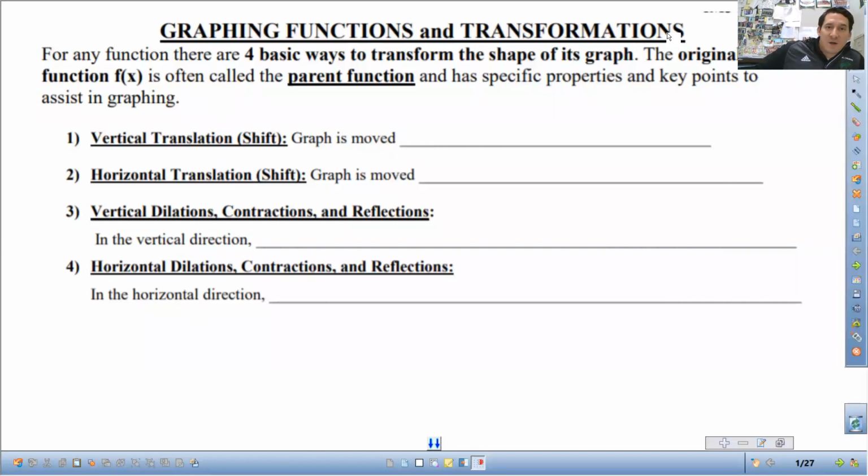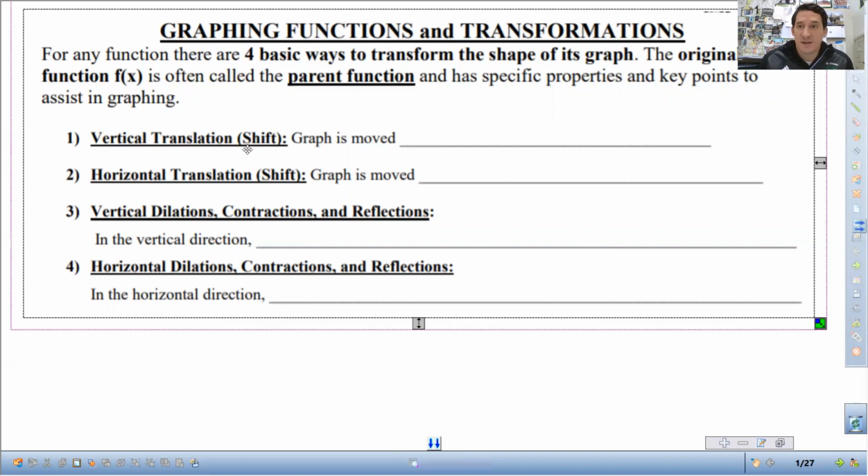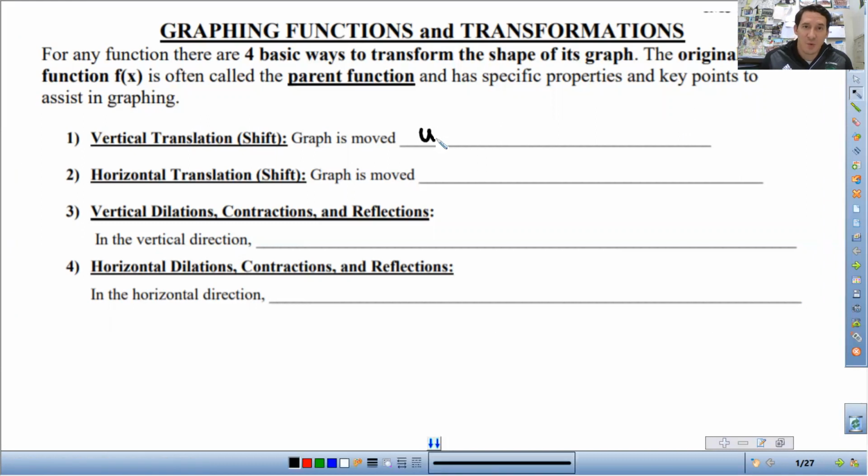Anyways, there are 4 basic ways to transform the shape of a graph from its original function. There's a vertical translation or horizontal translation, and there's the vertical dilations, contractions, and reflections, and horizontal dilations, contractions, and reflections. The vertical translation, if you notice here, it says it's a shift. That is, the graph is moved up or down.